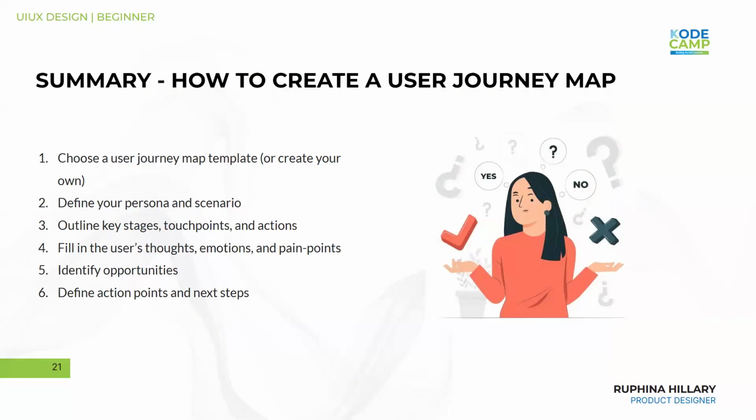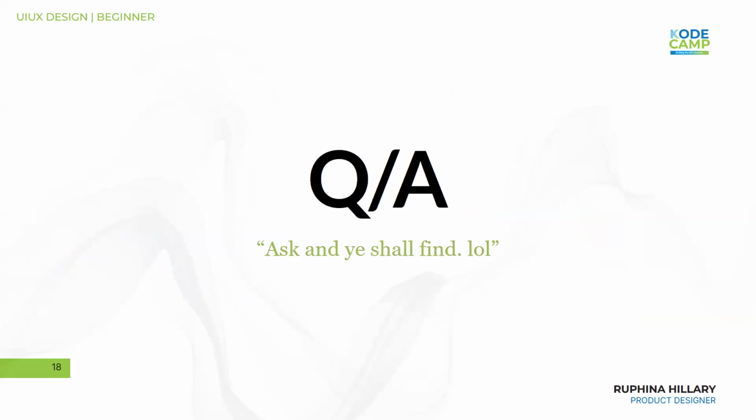What are the touch points for those stages? And what are the actions happening during those stages at those touch points? Four, fill in the user's thoughts, emotions, and pain points. Five, identify opportunities. And six, define action points and next steps. So that's the summary of how to create a user journey map.